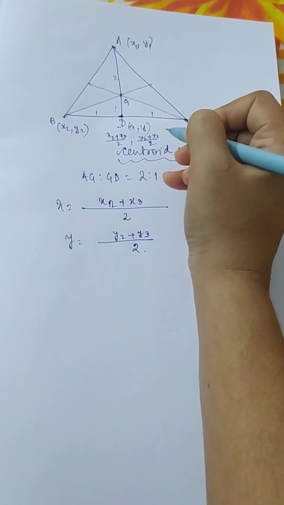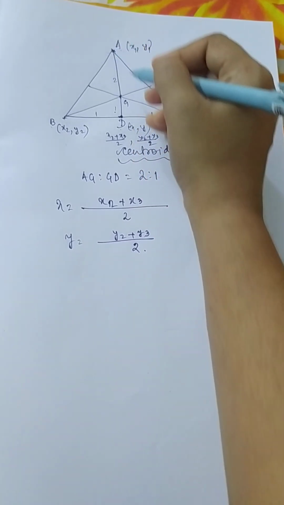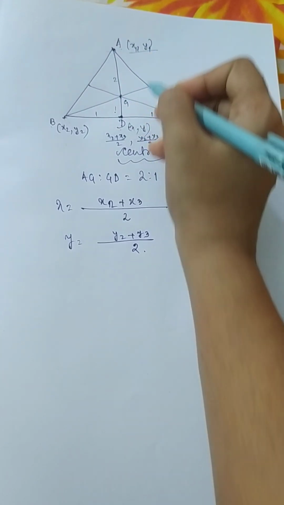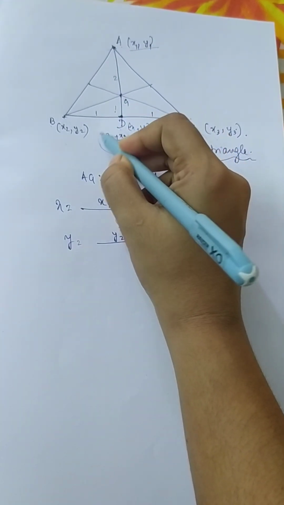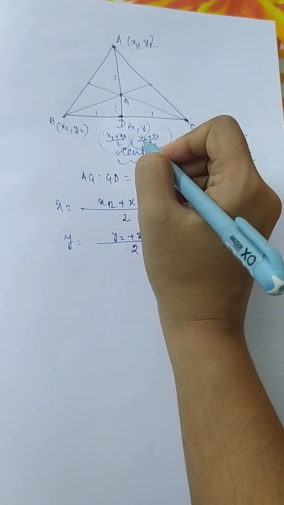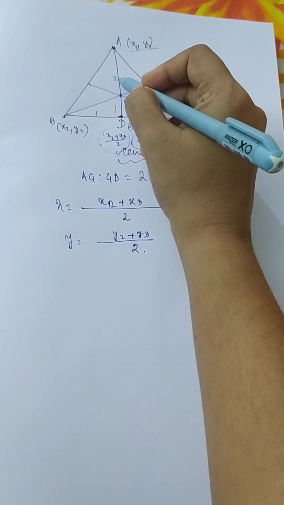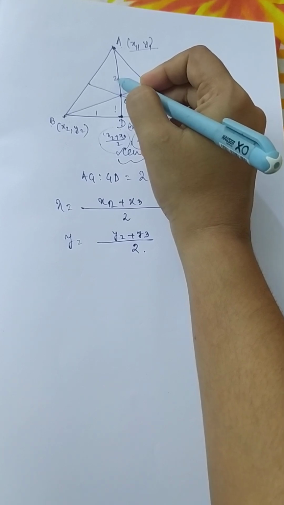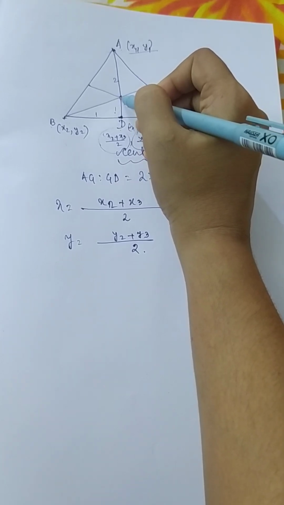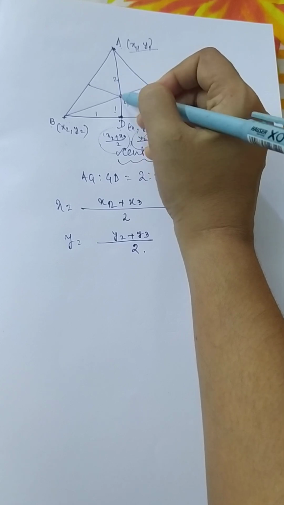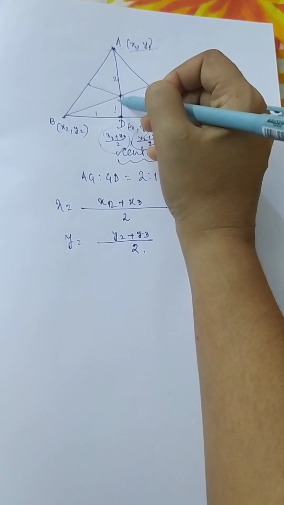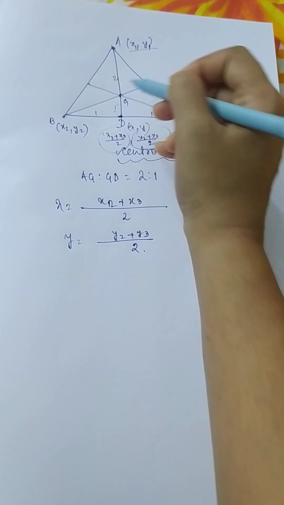Now this point A we know, x1, y1, and this point D we know. So with the use of the section formula, we can easily find the coordinates of G, because we already know that this median is divided in the ratio 2:1, right?